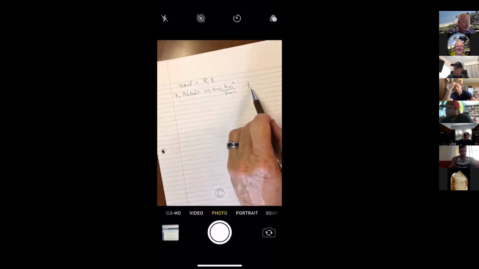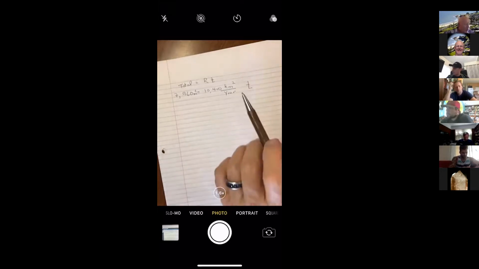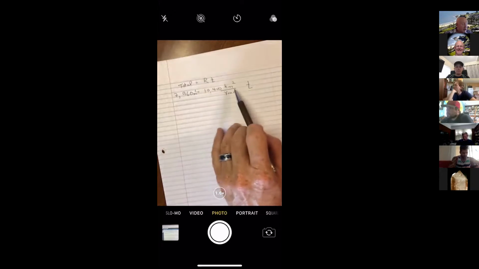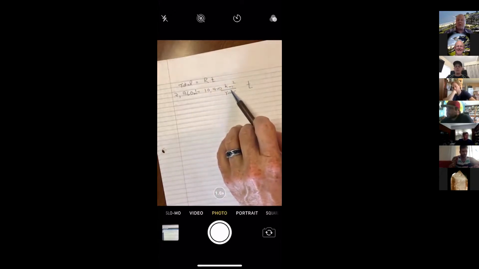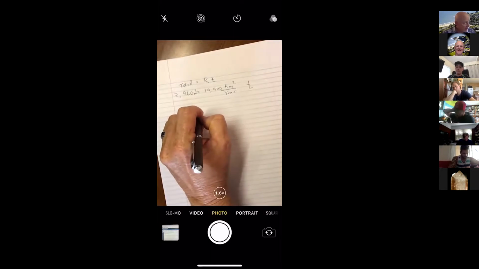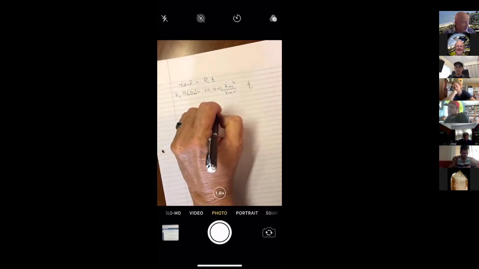Because now I want to solve this for time. But in order to do that, I need to make sure my units of area are the same. And I'm sure that's why this is a homework problem, because you're learning how to convert units. All right, so there are different ways of converting units, but let me show you my favorite.